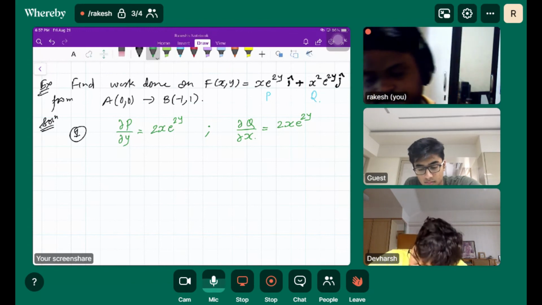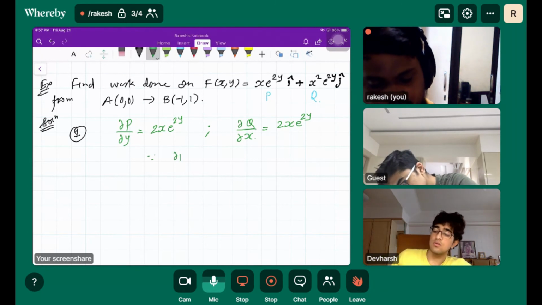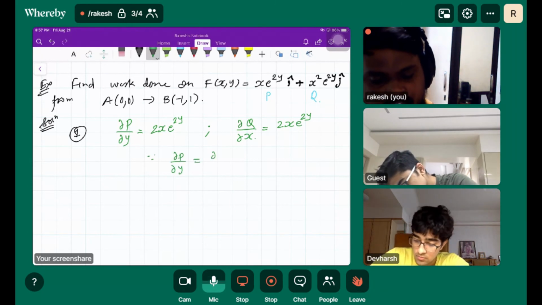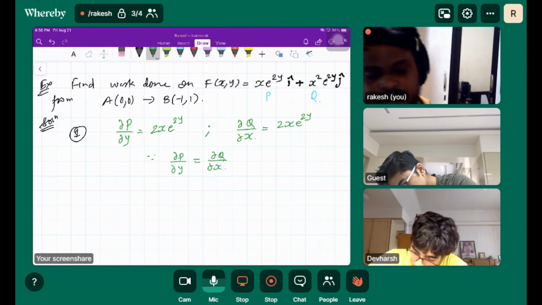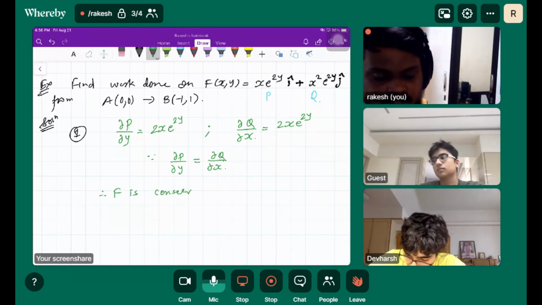It means I can write: since ∂P/∂y is equal to ∂Q/∂x, therefore F is a conservative vector field.